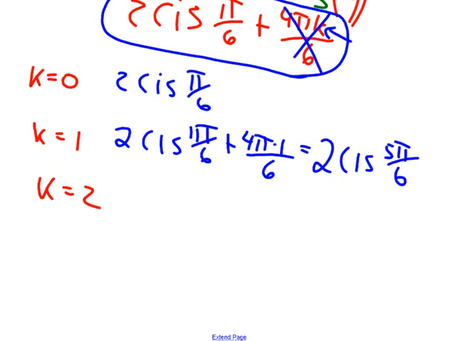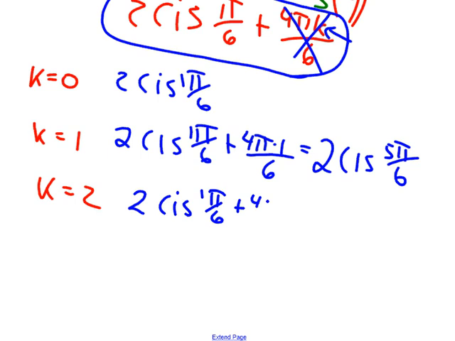And the last one, I should probably not use red, so just keep consistent here. 2 cis pi over 6, or 1 pi over 6. Maybe I should be putting a 1 here. You don't need it, but I should be consistent at least.